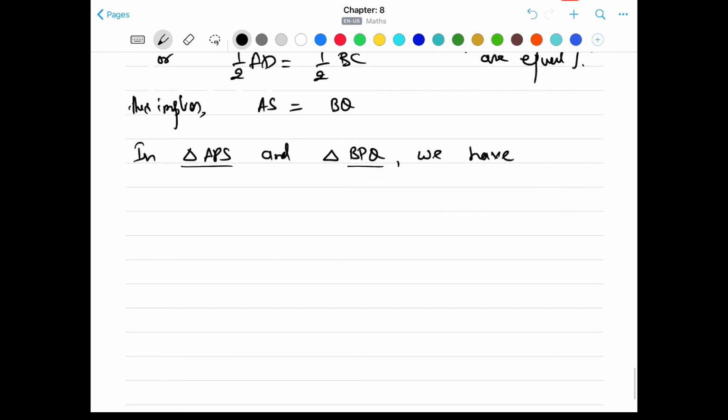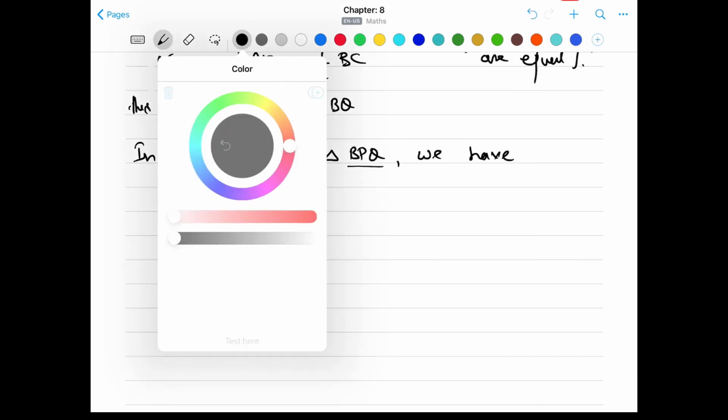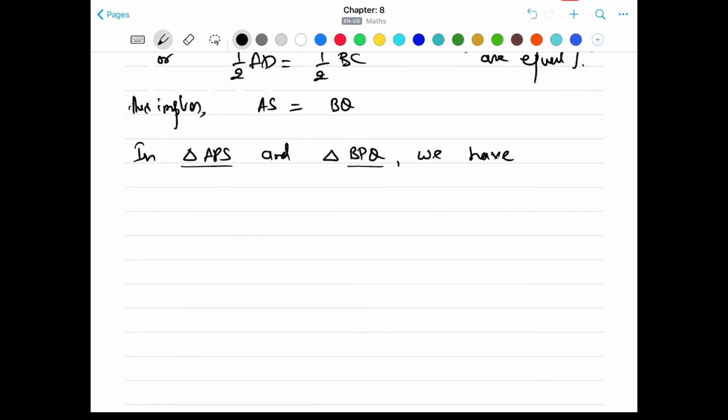So in triangles APS and BPQ, we have AP equal to BP, because P is the midpoint of AB.